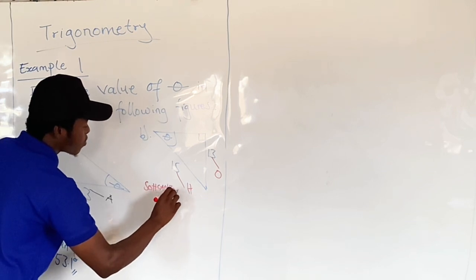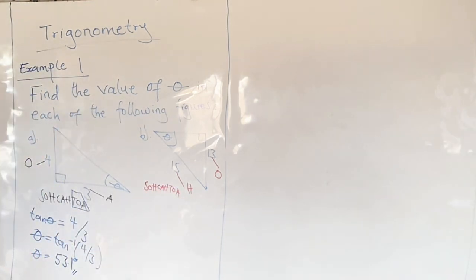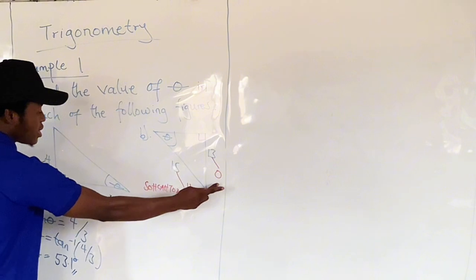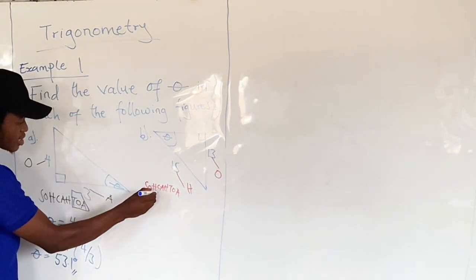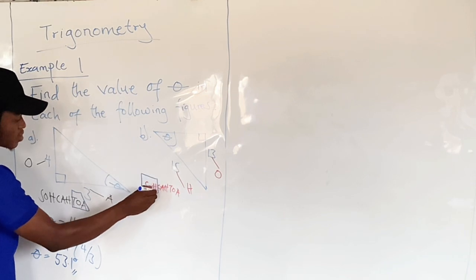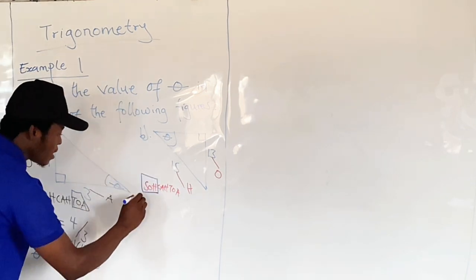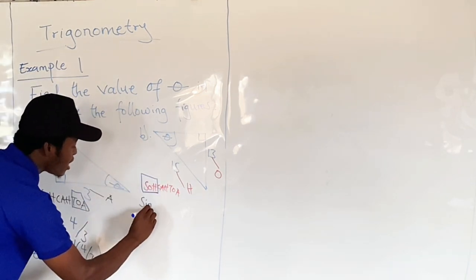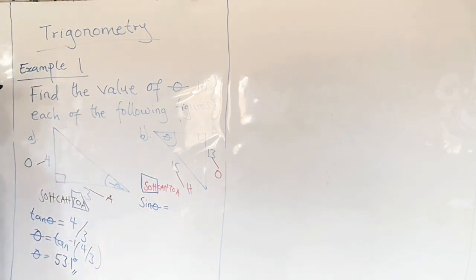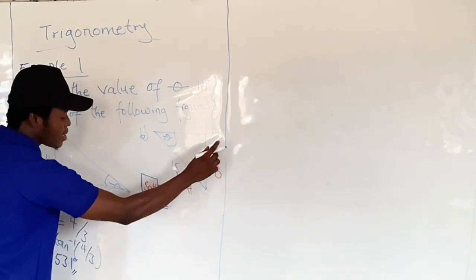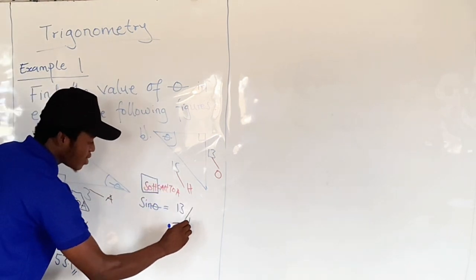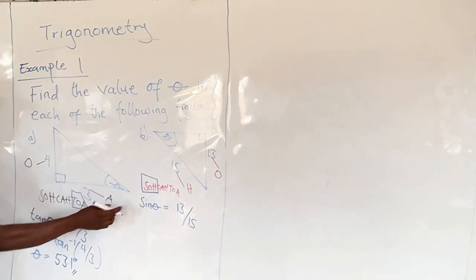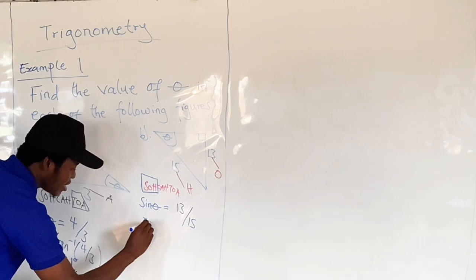Now, from SOHCAHTOA, the trigonometric ratio that relates the opposite side to the hypotenuse side is sine. Sine is the one that relates O and H. So from here, sine of the angle theta will be equal to the opposite side, which is 13, over the hypotenuse, which is now 15.